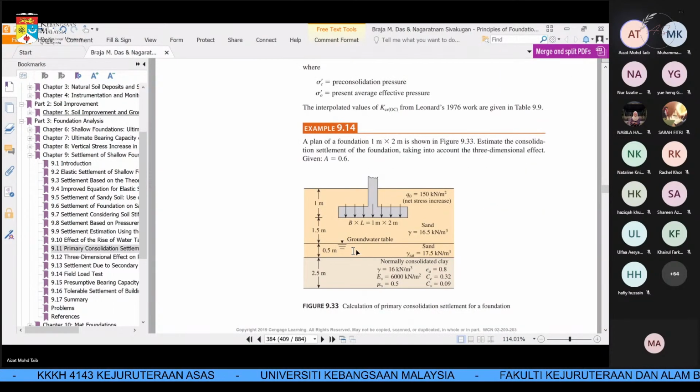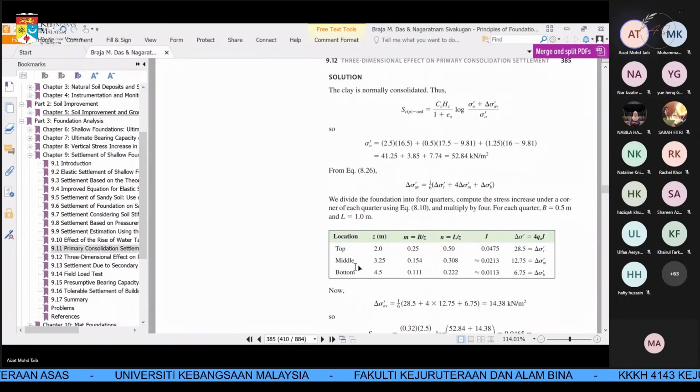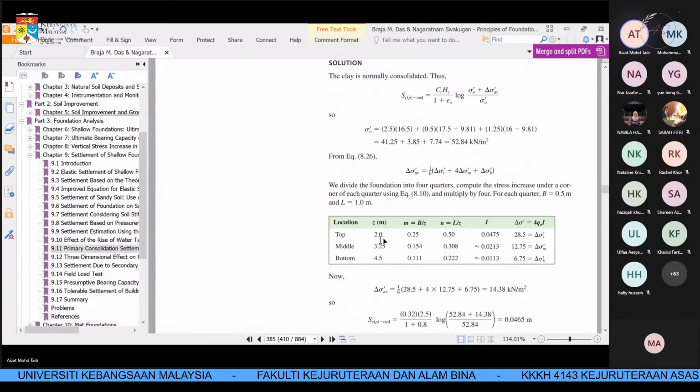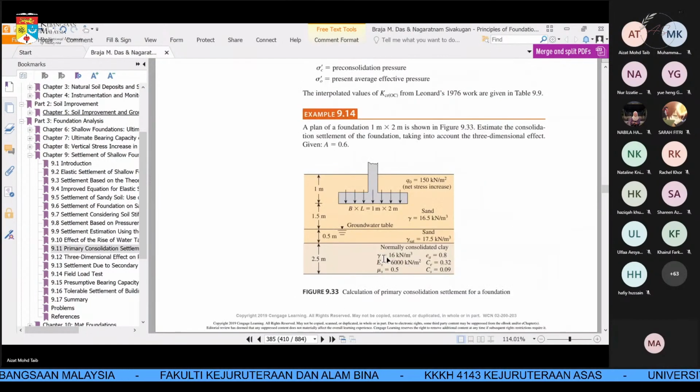So 2.5, 2, 3.25 plus 4.5. So from here to here is already 2.